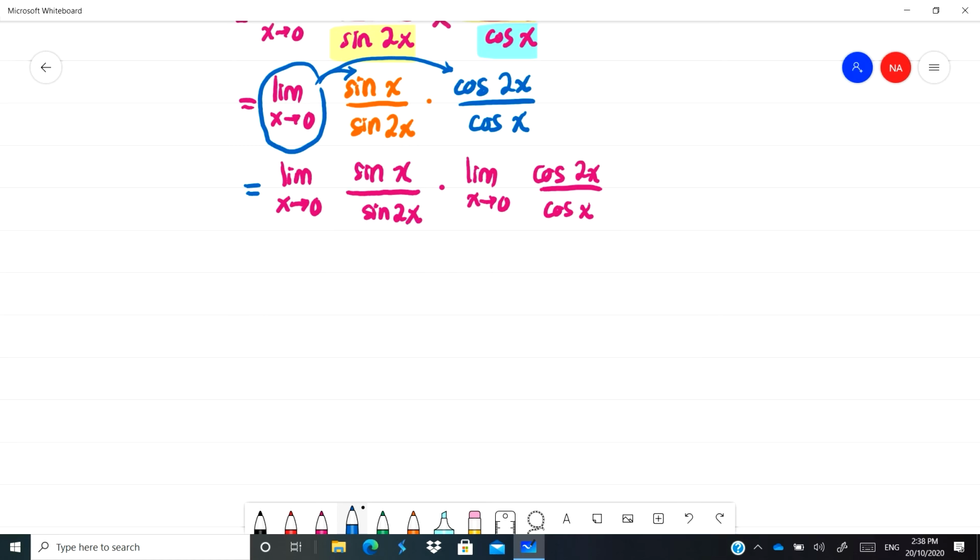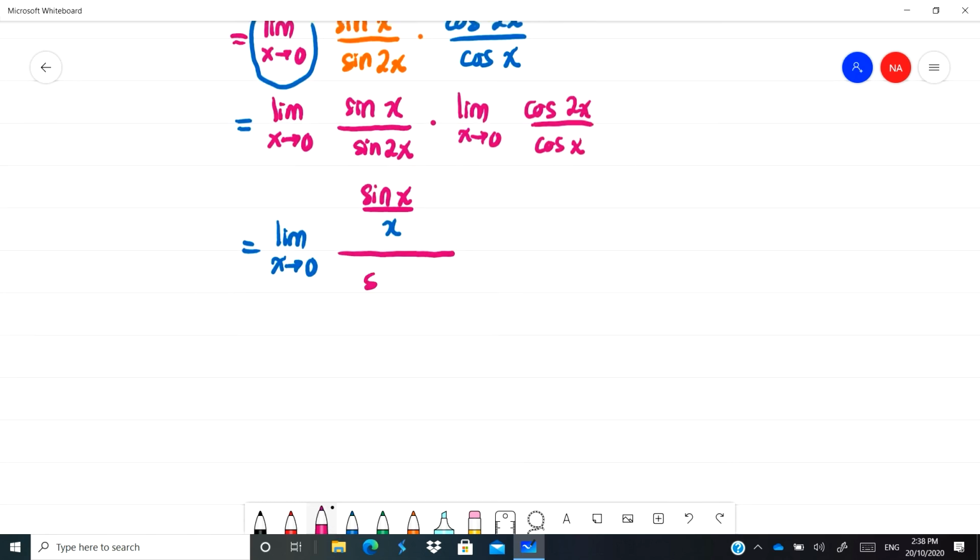So we'll have limit as x approaching 0. I'm gonna write sine of x. Our intention is to divide this by x, so we'll have sine of x divided by x, and sine of 2x divided by x also.